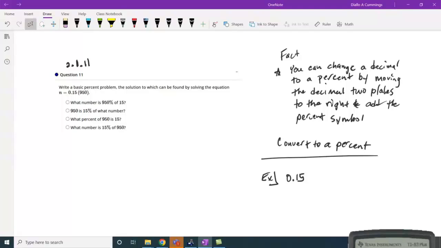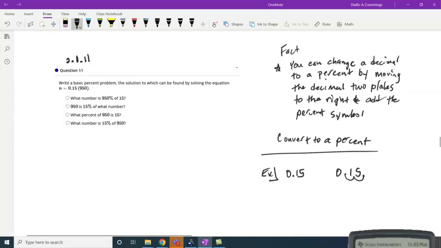So let's say if we had something like 0.15, we can change that to a percent by simply moving that decimal 2 places to the right. If I move it 1 place to the right, it's in front of the 1. If I move it another place to the right, now it's behind the 5. So 0.15 becomes 15, right? Because we move that decimal 2 places to the right. And then we're going to attach that percent symbol.